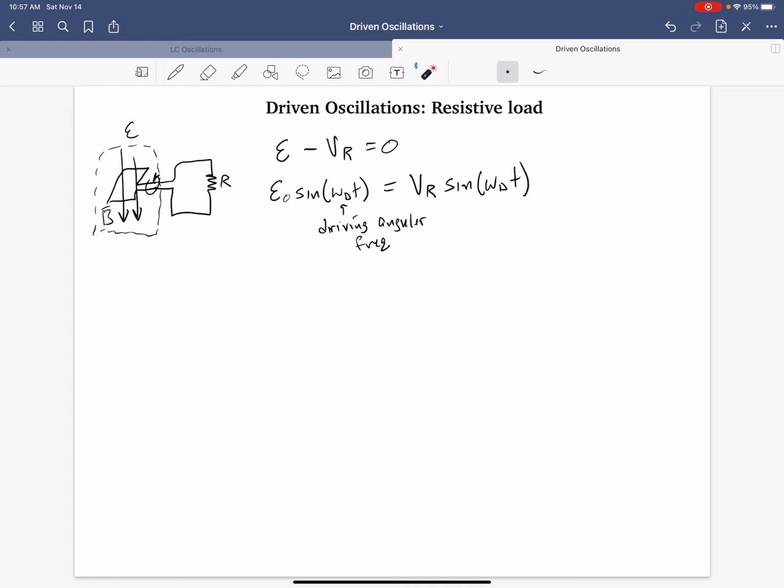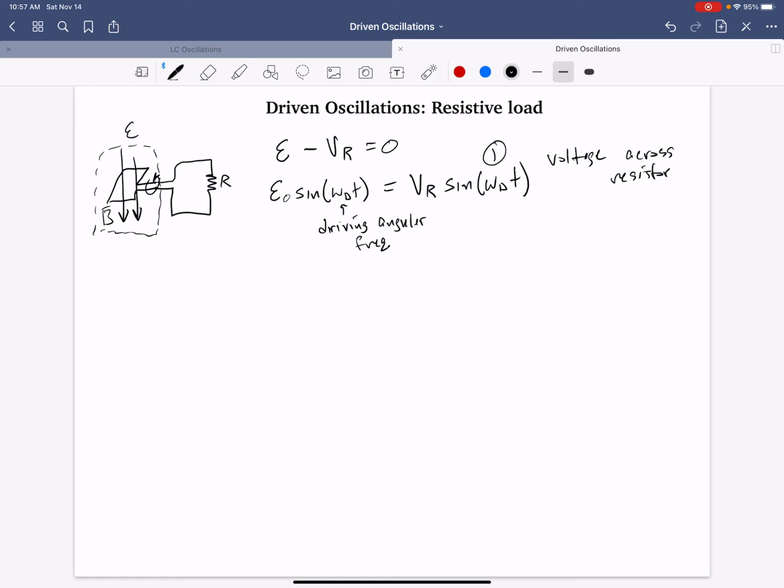And so that means that both the EMF and the voltage drop across the resistor are dependent upon that driving frequency, right? And so we want to compare this voltage. So let's mark that equation 1. This is the voltage across the resistor. We want to compare this with the current through the resistor. Okay, so keep that equation 1 right there.